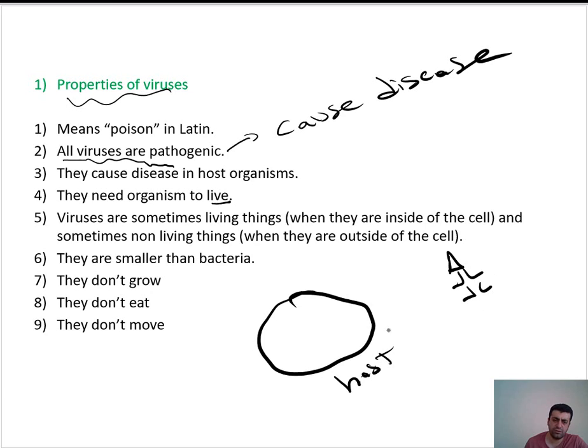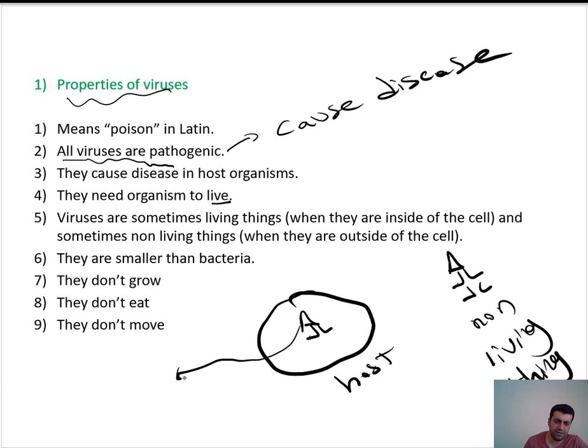The virus outside of the cell is a non-living thing. But when the virus is inside the host or cell, the virus is a living thing. That means when the virus is inside the cell, it is living. When it is outside of the cell, it is non-living.